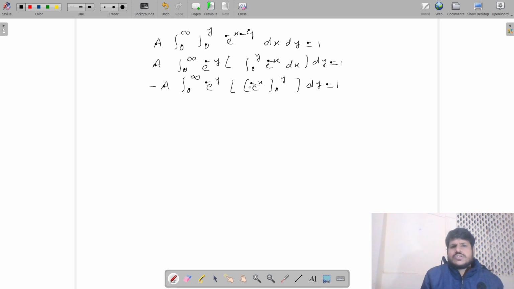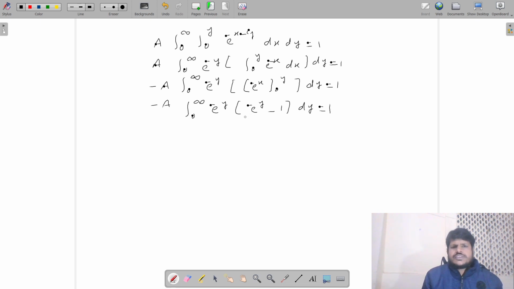Now we have to solve. This gives minus A integration 0 to infinity e raised to power minus y, times e raised to power minus y minus e raised to power 0, that is 1, dy equal to 1.